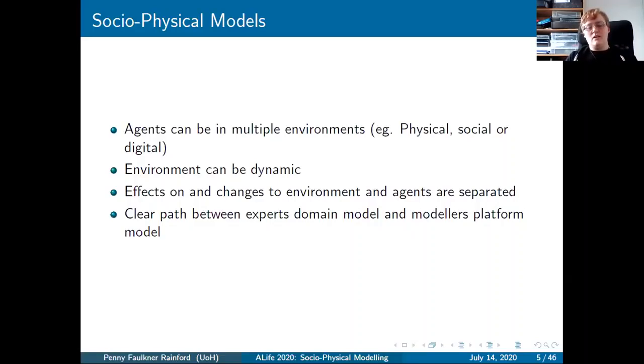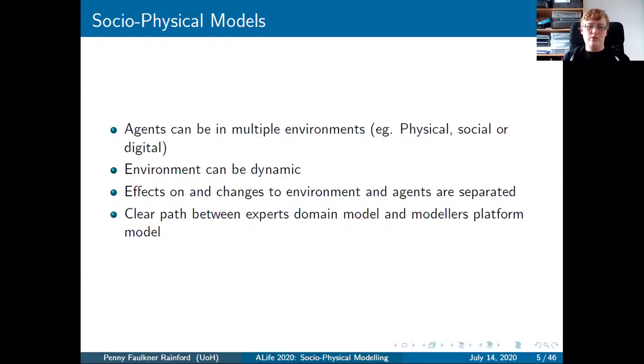And as I've already said, one of the important parts was being able to separate effects and changes on the environment and agents from one another, because that can make it a lot easier to draw implications from our results, because we can be a little bit more certain which way round things went, and if we can separate environment and agents a bit more.